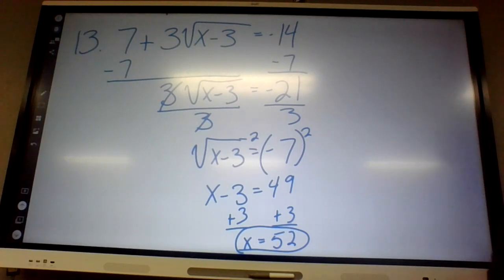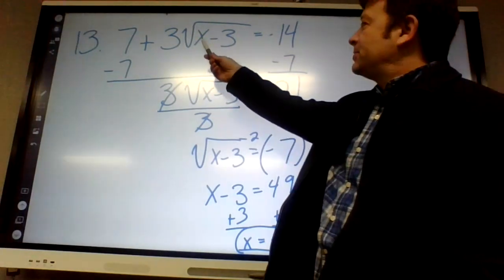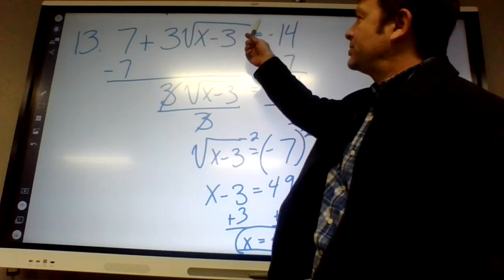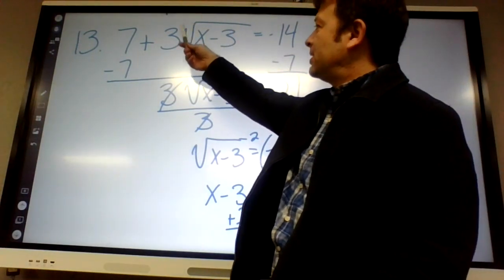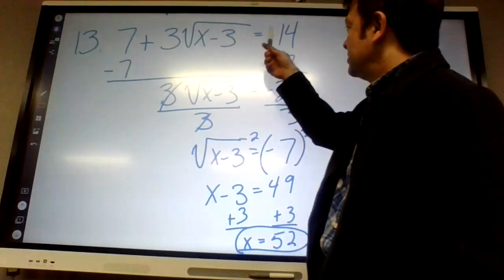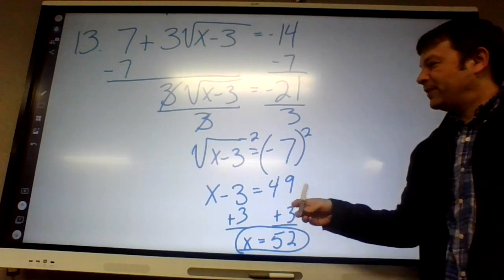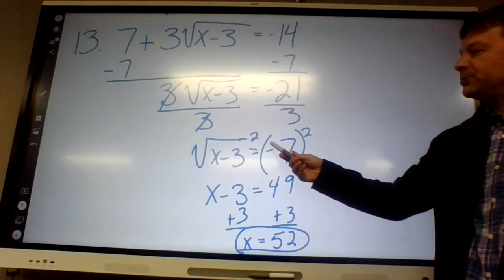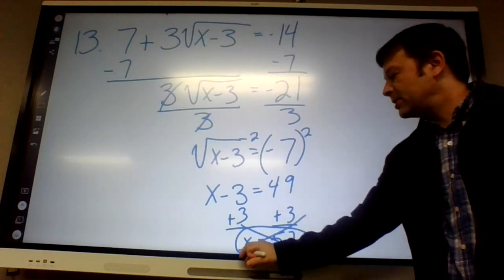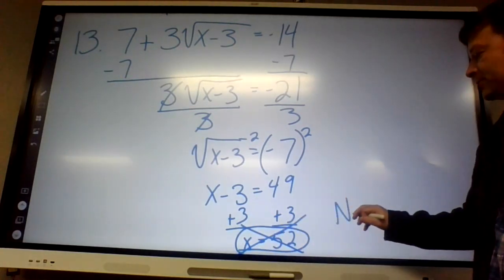Okay, does it work? What is 52 minus 3? 49. What's the square root of 49? 7. 7 times 3? 21 plus 7? 28. Okay, the reason it failed is because when we squared this side, so it doesn't work. So this is actually no solution.